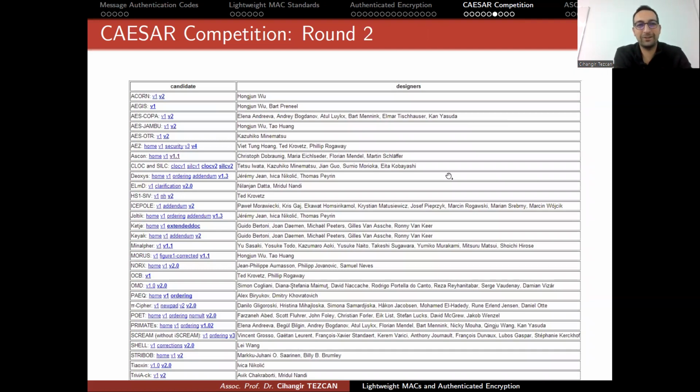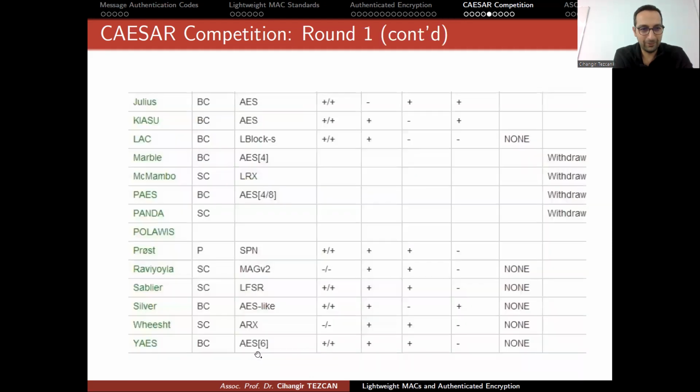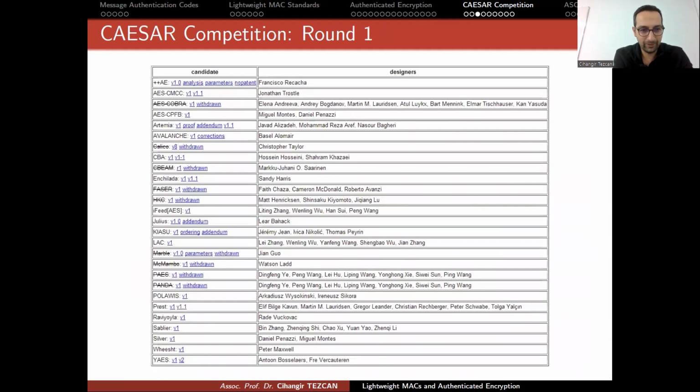Second round candidates, there are giants in this name list. And what I like here the most is as follows. Let me go back if I can find it. Okay, yes, for instance, Prost was actually broken by some people.